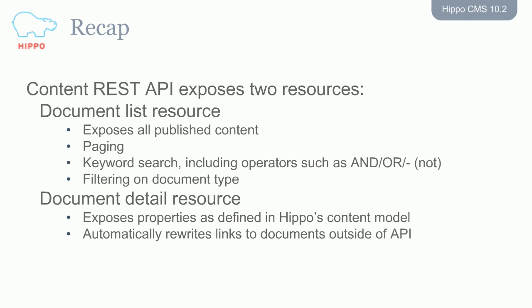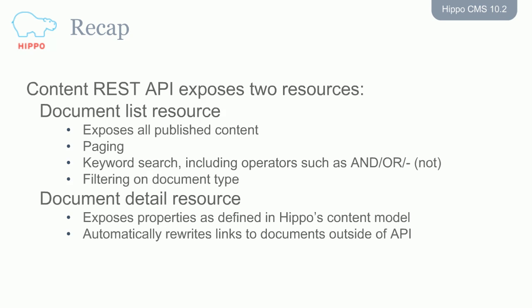One thing we didn't go into is that if you modify your content model and introduce new properties or remove existing properties that are no longer needed, those changes are reflected immediately in the content API's output. Again, without having to do any recompiles or whatever. So it's really handy for local development.